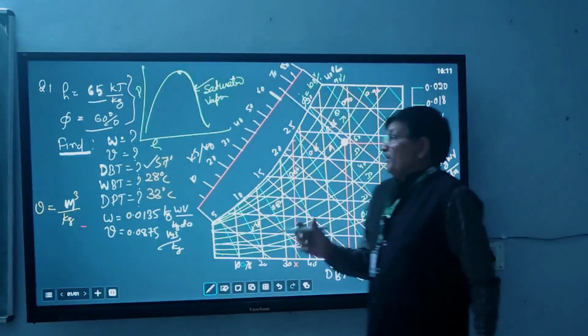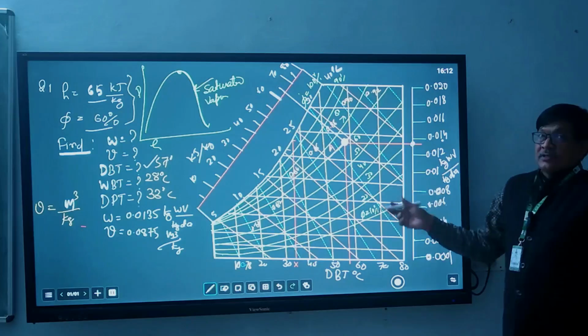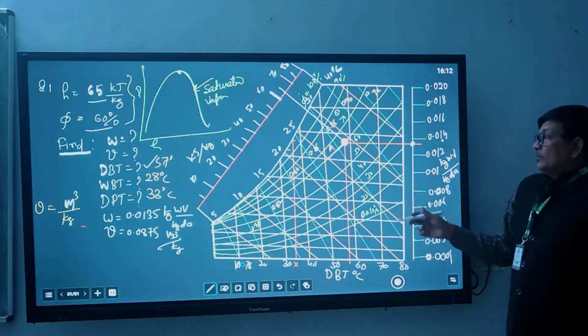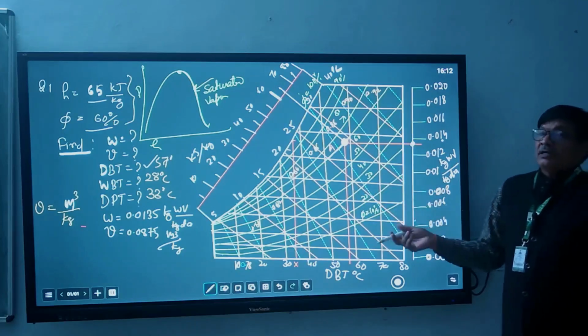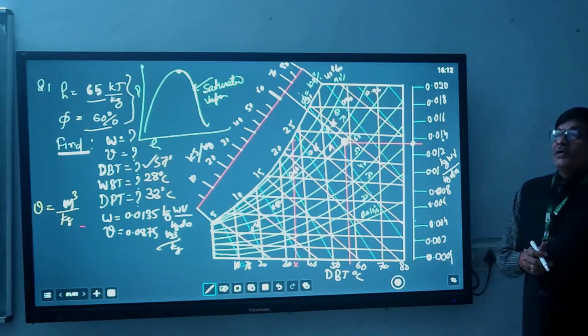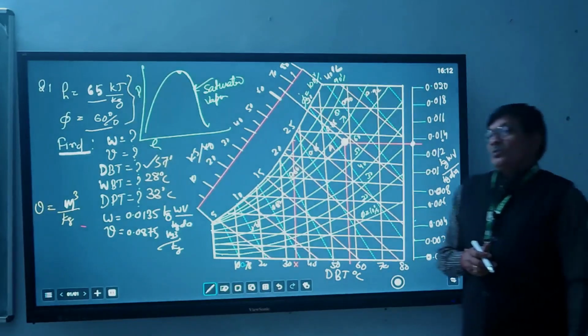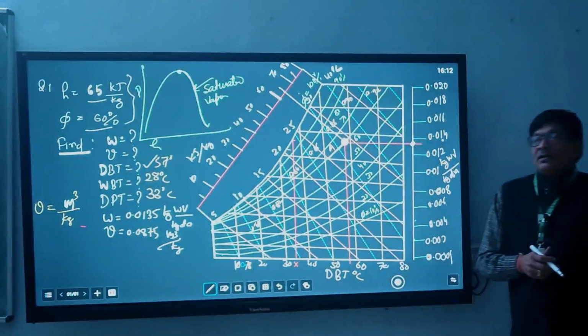And if you practice finding out different processes, you need psychrometric parameters from the psychrometric chart, and then you can calculate values. Then you can find out heating load, sensible heat load, latent heat load, total load, sensible heat factor.